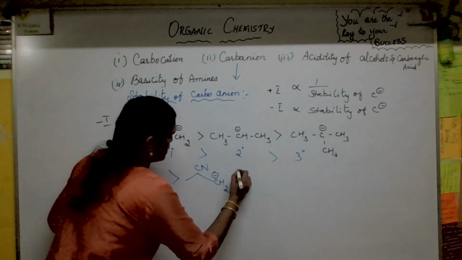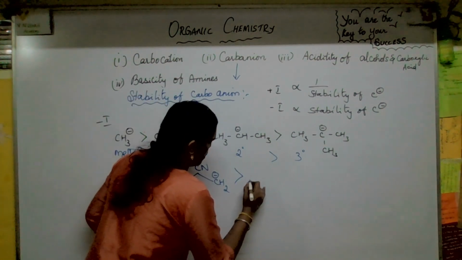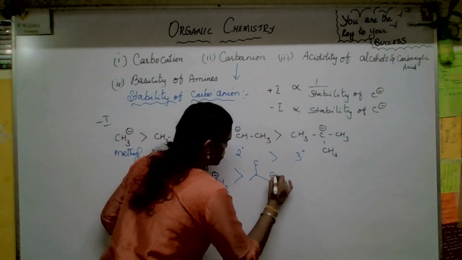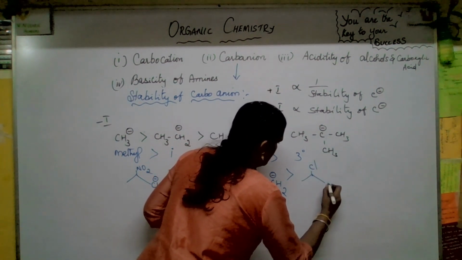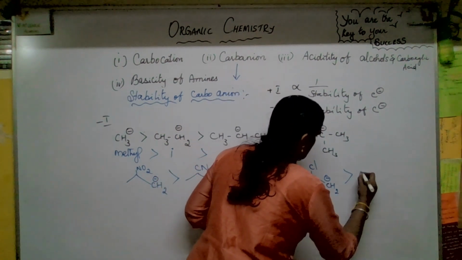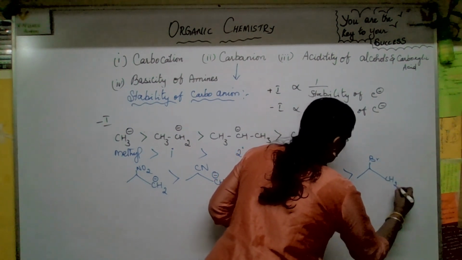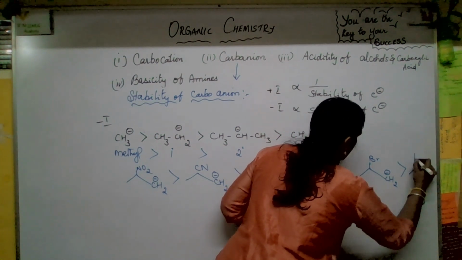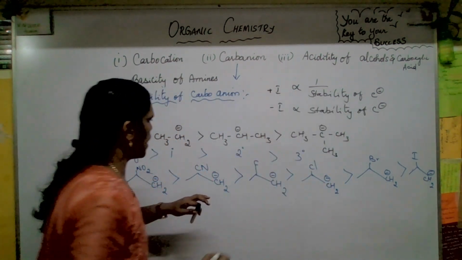Greater than that are the halogen groups. Here CH2F minus charge is greater than CH2Cl minus charge, and then CH2Br minus charge, and CH2I minus charge. Fluorine, chlorine, bromine, iodine.